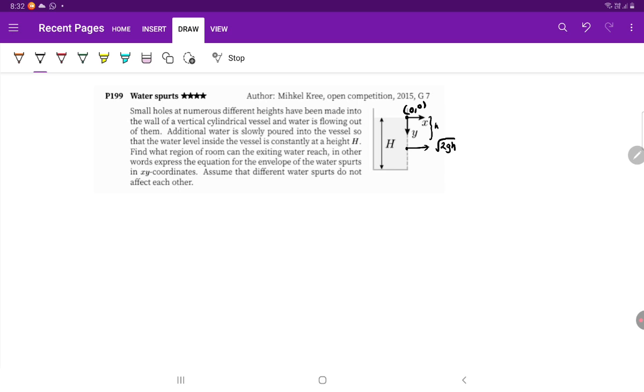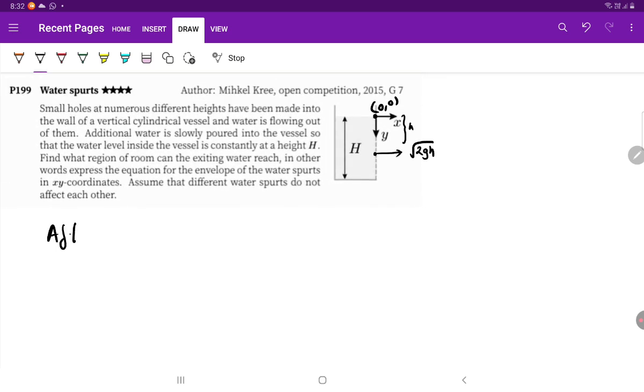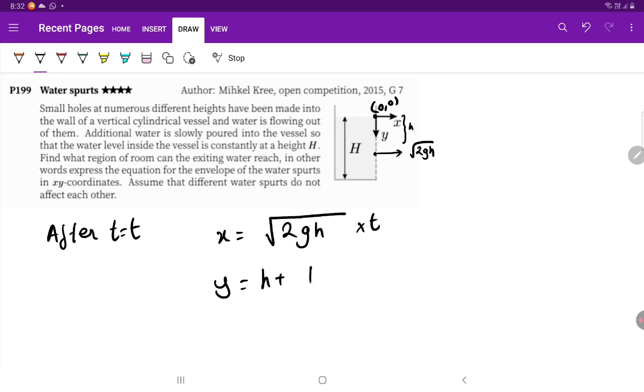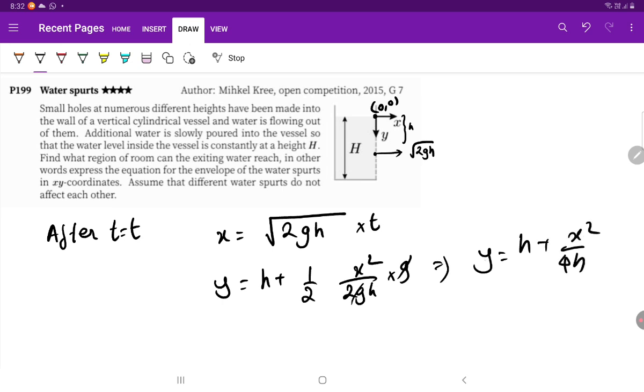After time t, x coordinate is equal to root 2gh into t, and y coordinate is equal to h plus half g t square. Now putting t equal to x by root 2gh, you'll get x square by 2gh into g. From here you'll get y is equal to h plus x square by 4h. Now what is this? This is the equation of trajectory of the given curve.